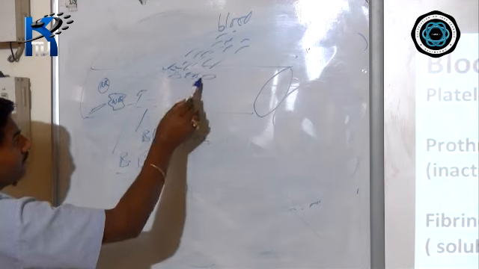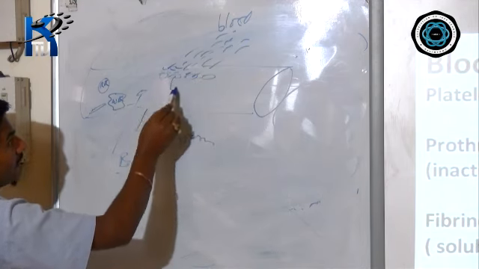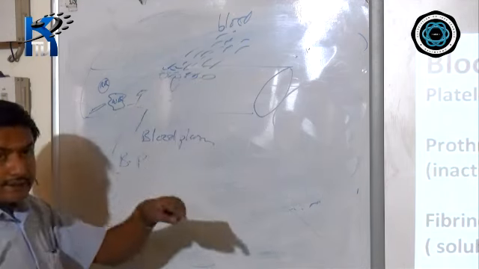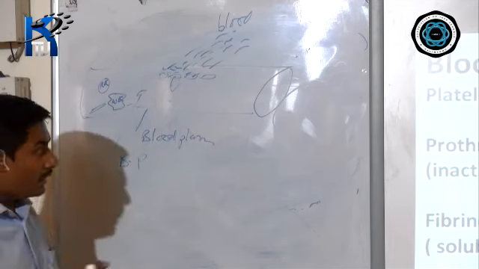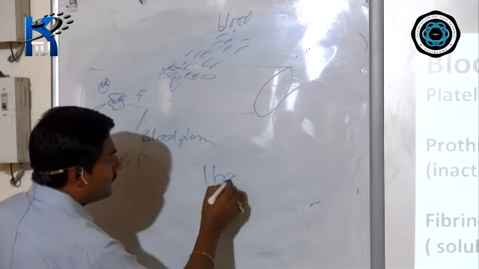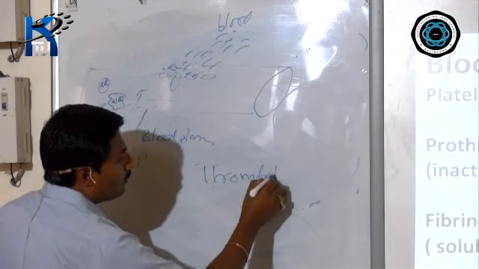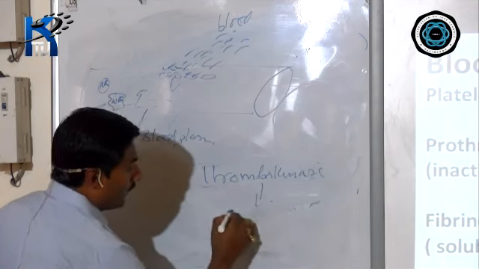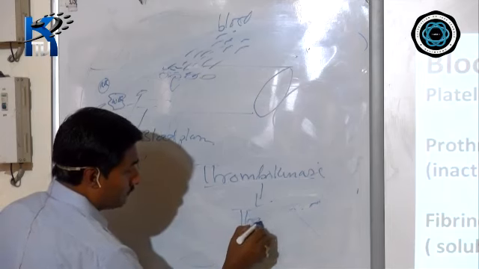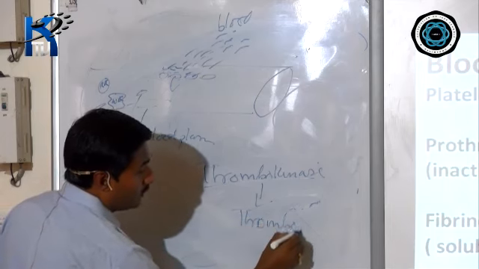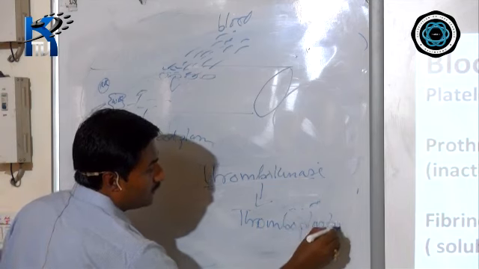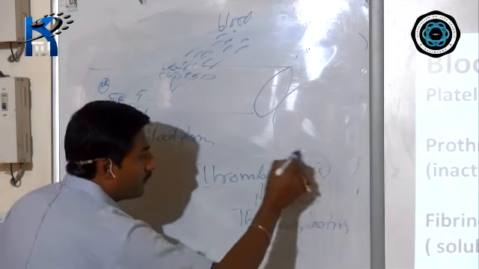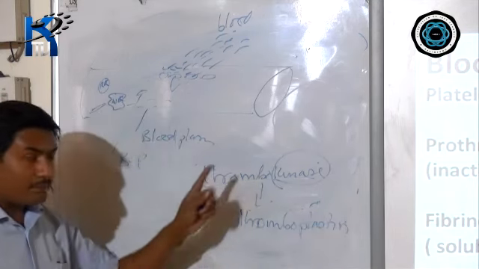These platelets will come out here, and they will release a chemical that is called thrombokinase, or you can also call it thromboplastin. Okay, the word kinase here means enzyme.